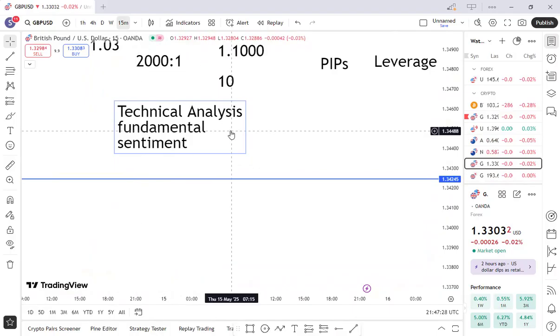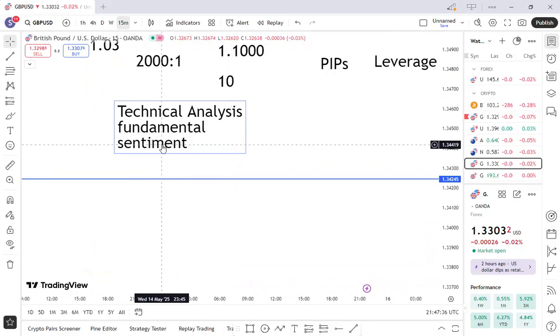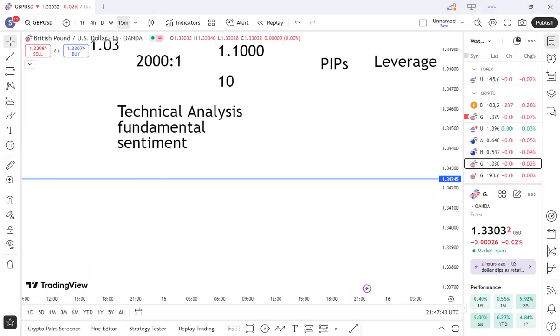They make use of the news announcements. Then we have the sentiment analysis. These are traders who trade based on behaviors and positionings.